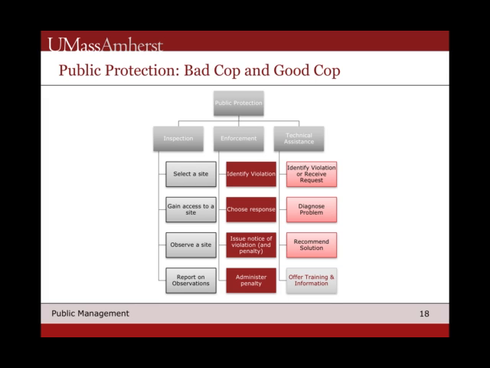If you try to just have the bad cop, there can be a sense of lack of procedural justice, particularly for smaller firms that may not have the knowledge or background to comply with what appear to be an absurd number of regulations. A few years ago, when some students were working in this class on the Flint water case, one of the things that we found is that there were over 700 distinct EPA guidelines that had been issued piecemeal for different organizations trying to comply with water safety standards.